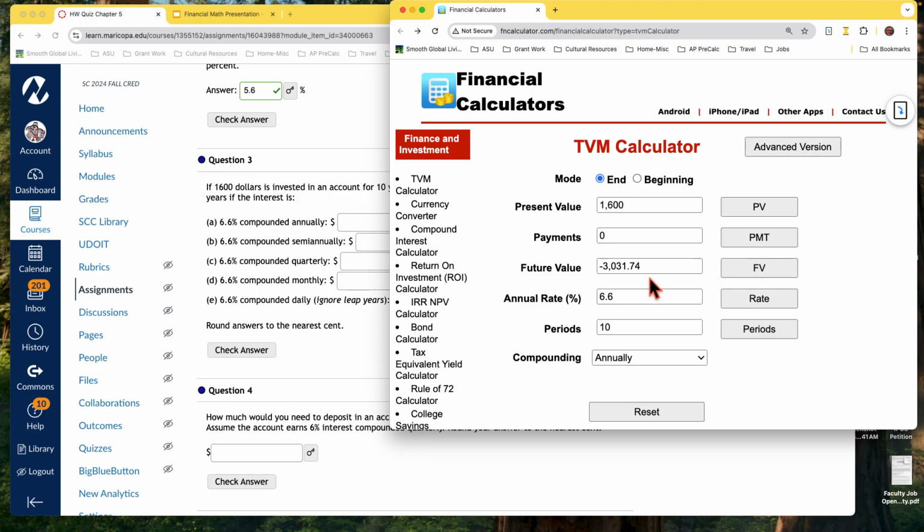That's my value. Now, notice it's a negative 3,000. What does that mean? It means that money has a directional value as well. So this 1,600 went away from us. The other money's coming in the other direction. It came back to us.